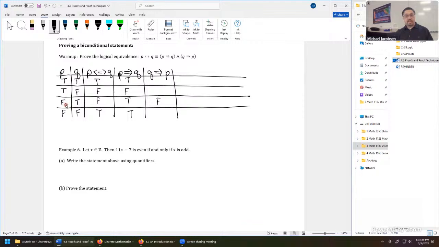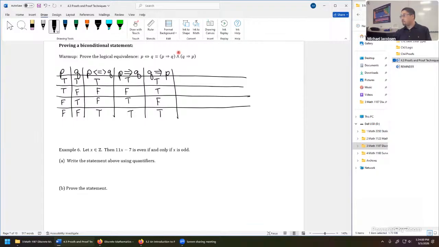So we only get a false here, and everything else is true, either ordinary truth or a vacuous truth. Got a little mixed up on those assignments. So true, true, and true. So those are the 2 individual pieces.